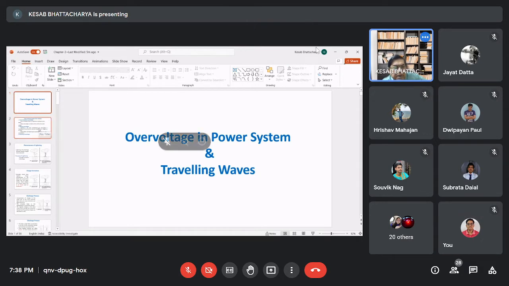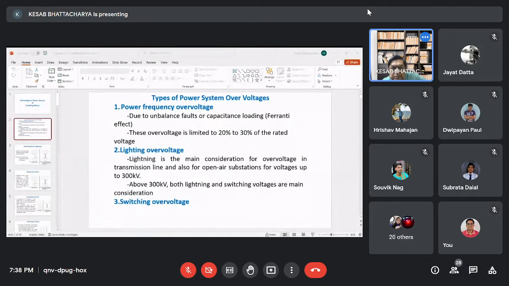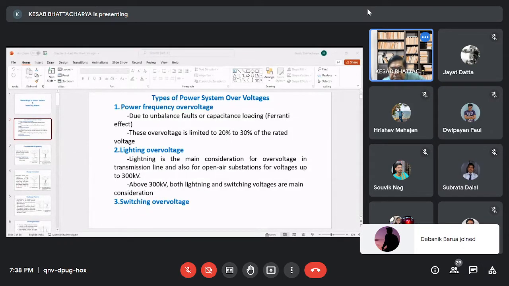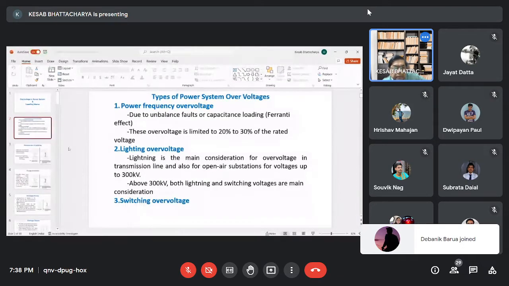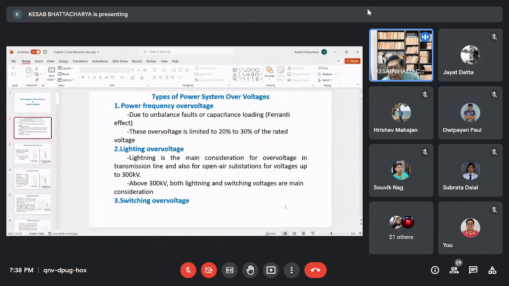So let us start our discussions on overvoltage in power systems. Actually, there can be three different types of overvoltages that may occur in a power system: power frequency overvoltages, lightning overvoltages, and switching overvoltages.